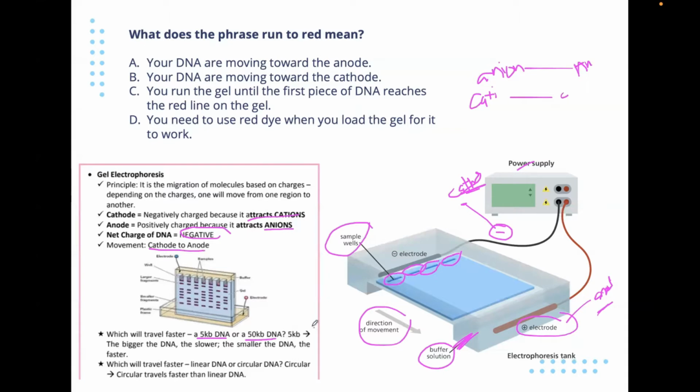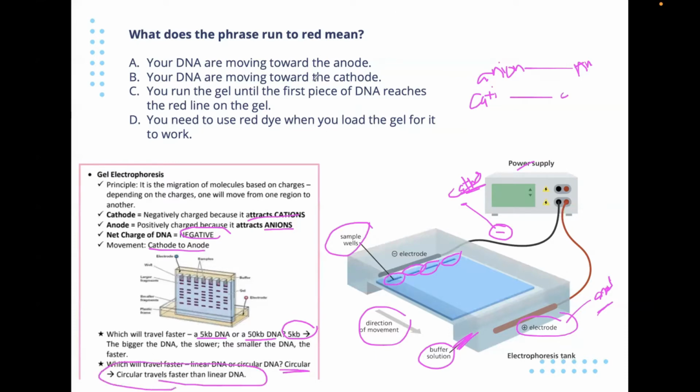The answer is the 5 kb, since the bigger the DNA, the slower, and the smaller the DNA, the faster. Next question, which will travel faster, your linear DNA or your circular DNA? The answer is circular, because circular travels faster than linear.